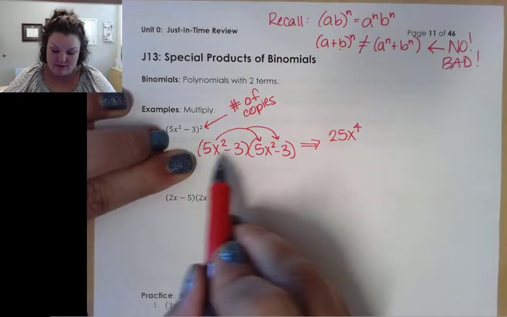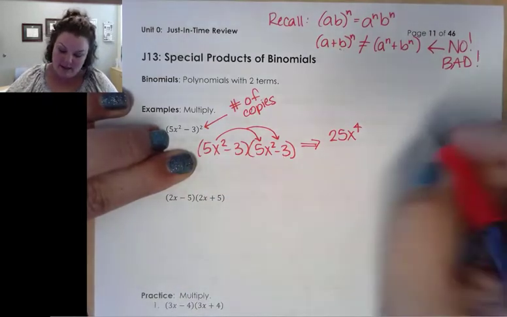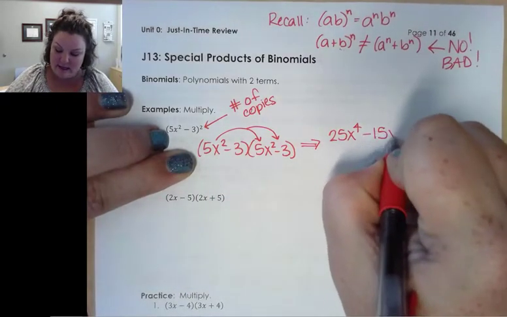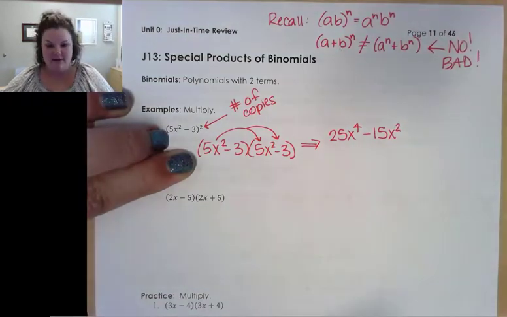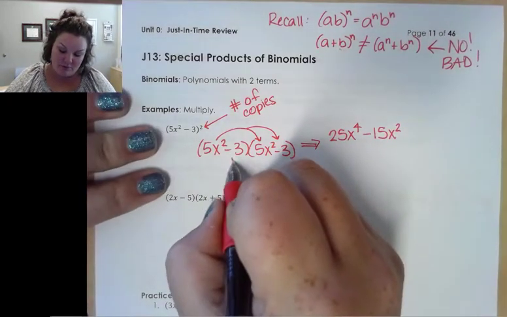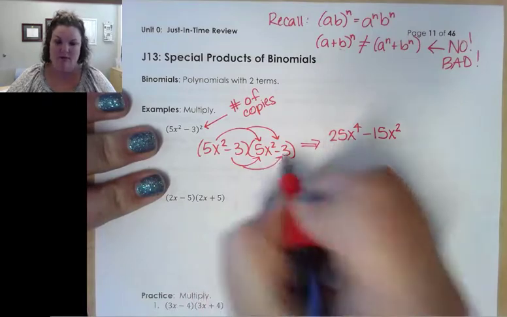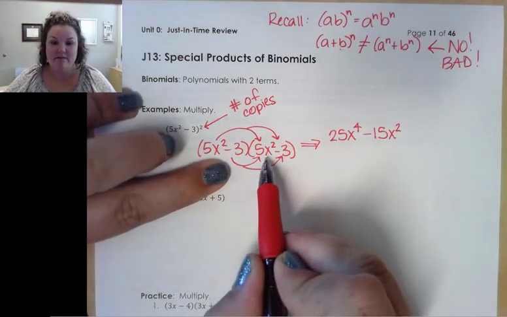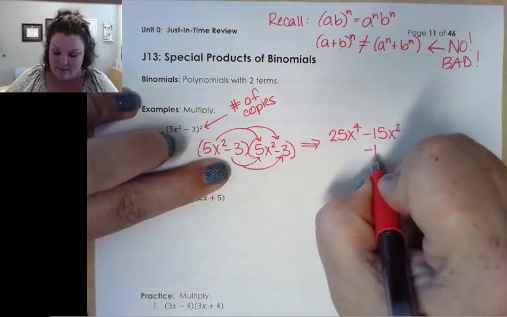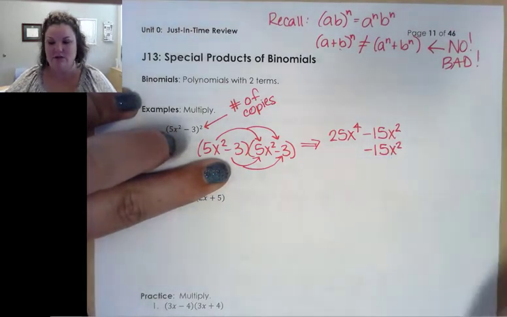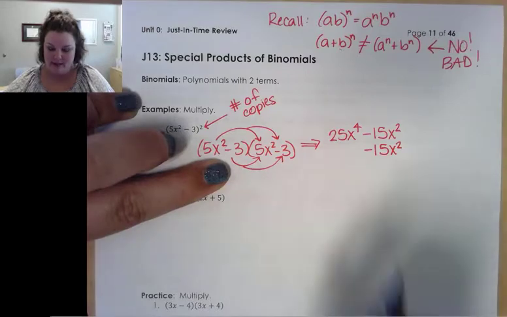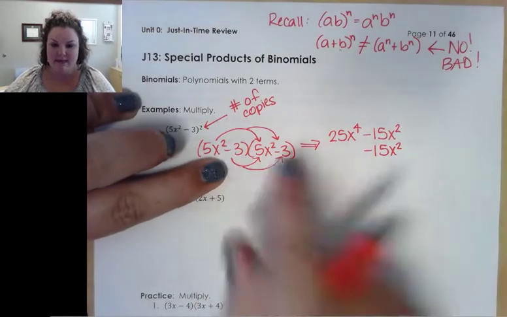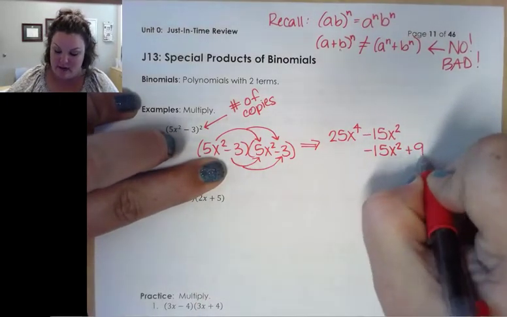And then 5x squared times negative 3 is negative 15x squared. And then I take that second term of the first polynomial and distribute it to the second polynomial. So negative 3 times 5x squared is negative 15x squared. That's a like term, so I'm going to go ahead and line it up. And then negative 3 times negative 3 is positive 9.